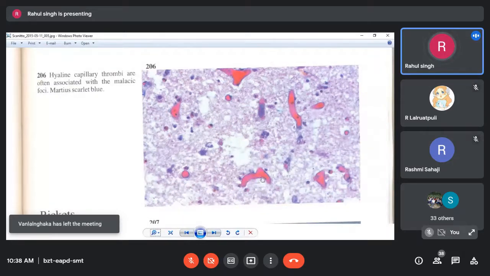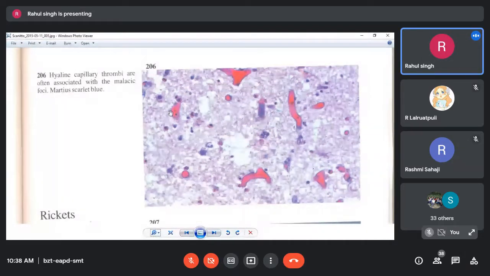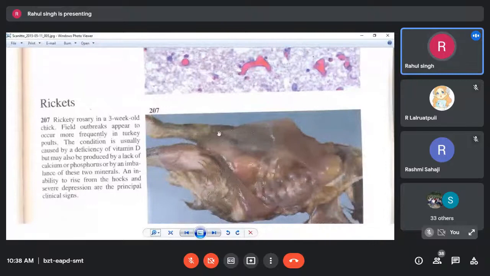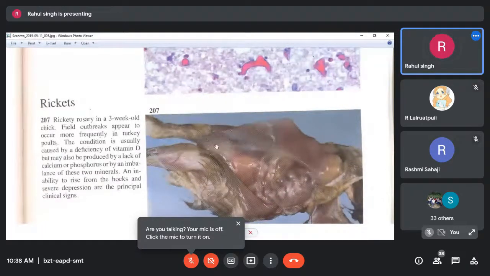So these are the capillaries, and this red structure, if you see inside, they are the fibrinous or the platelet derived thrombus here. There is a special stain, Martius scarlet blue, and you can see this capillary is totally blocked and occluded. The surrounding area got necrotic. You cannot see any cellular structure around it. Everything has been destroyed because of the presence of this thrombus.